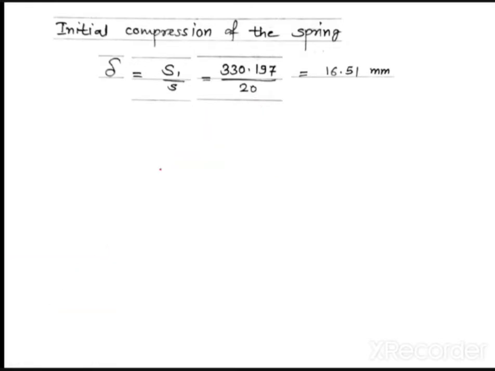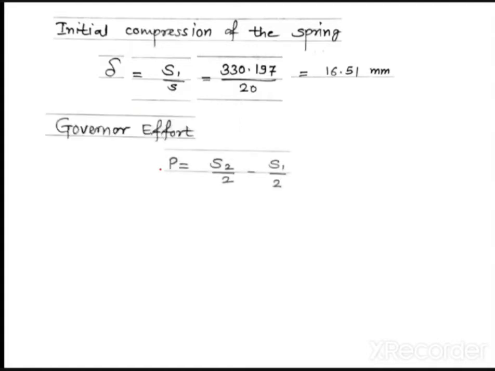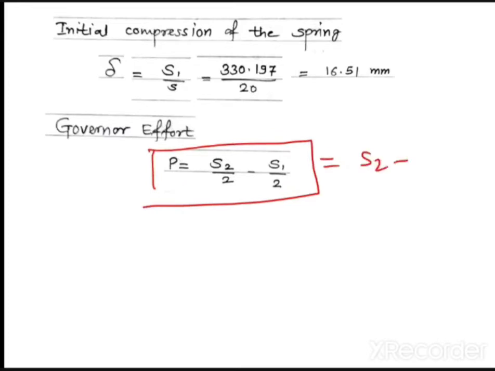Now guys, believe me, to calculate the governor effort is very, very easy. You don't have to remember that derived formula for the Hartnell governor. Governor effort is given by P is equal to S2 minus S1 upon 2. The formula is S2 minus S1 upon 2. This is called the governor effort.